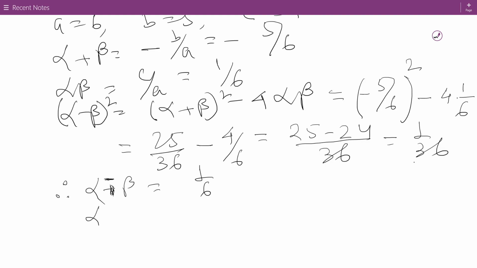And another value, alpha plus beta equals to minus 5 by 6.